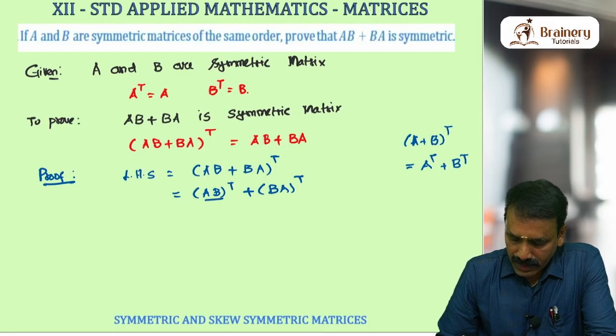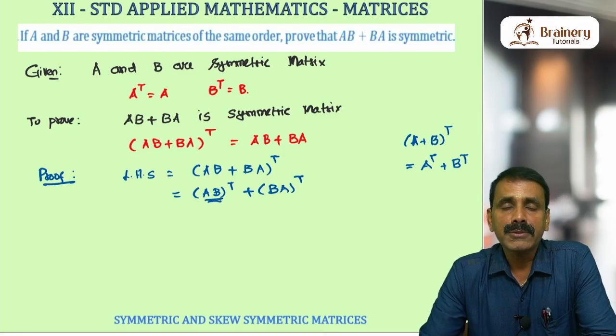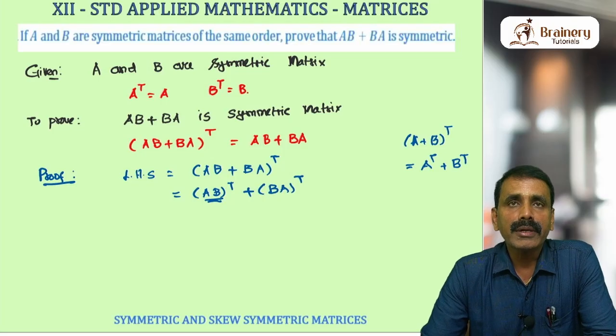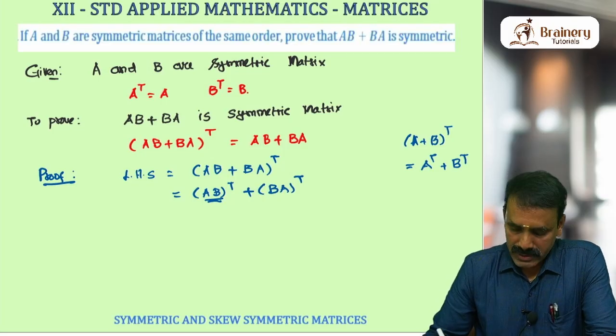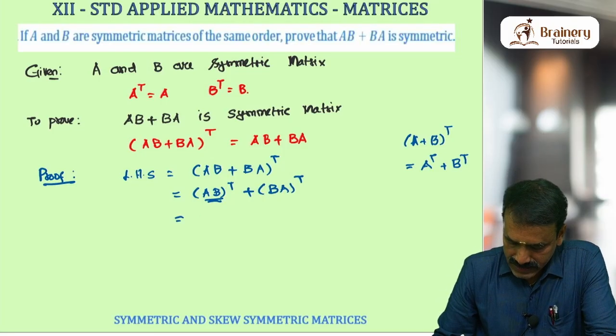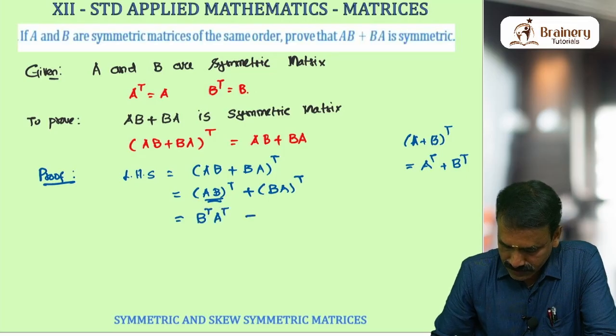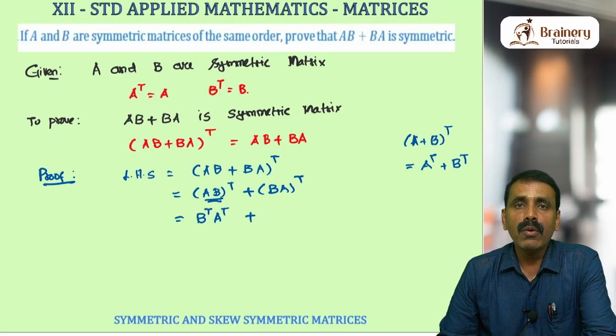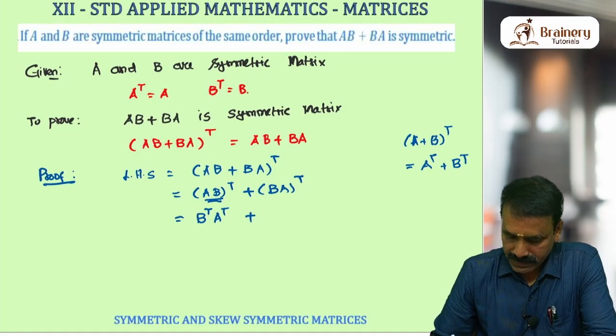Now we are going to use the property for the transpose of a product. AB whole transpose will be rewritten as B transpose A transpose. Again, BA whole transpose will be rewritten as A transpose B transpose.